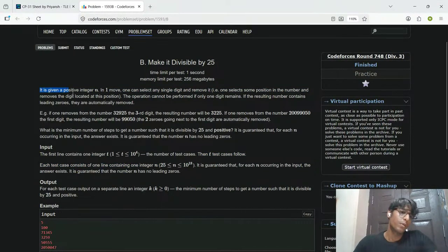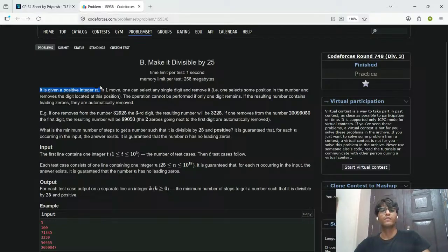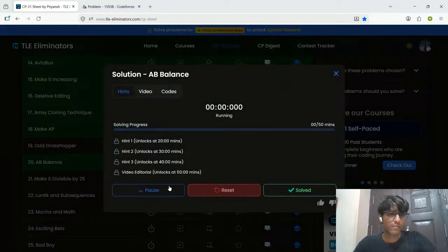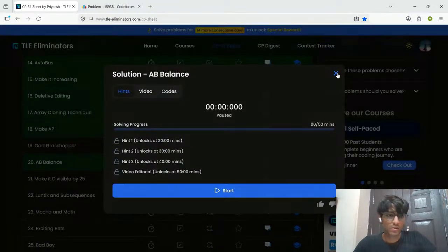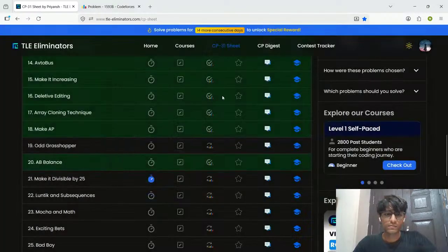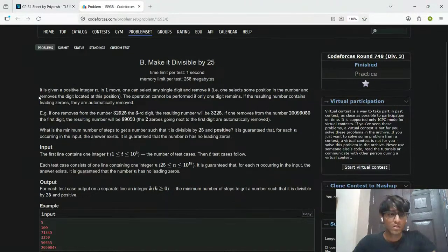It is given a positive integer. No, I already did this. It's given a positive integer.